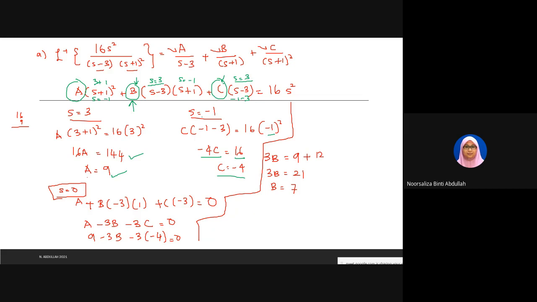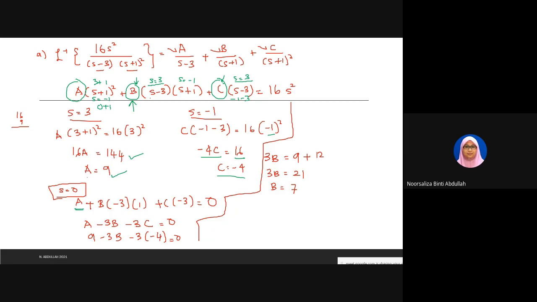So let's say, the easiest is to use S equals to 0. Why? You just replace 0 here. So S is 0, meaning 0 plus 1, so you have 1. Then you get A here.